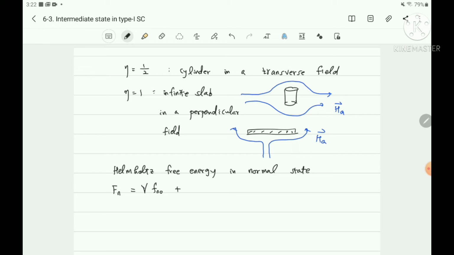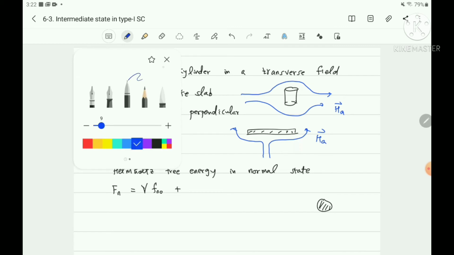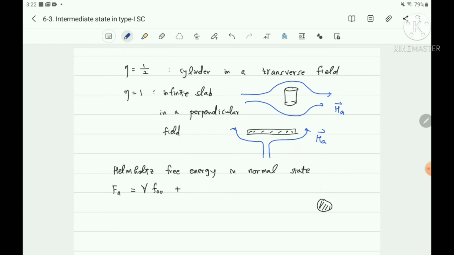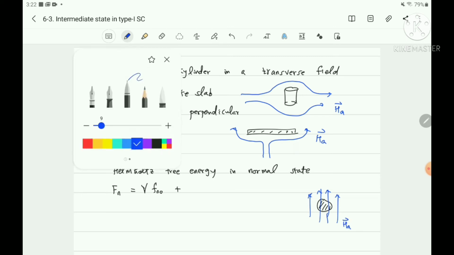Also, we apply the magnetic field on the sample even in the normal state, where HA is the applied magnetic field in the outside.